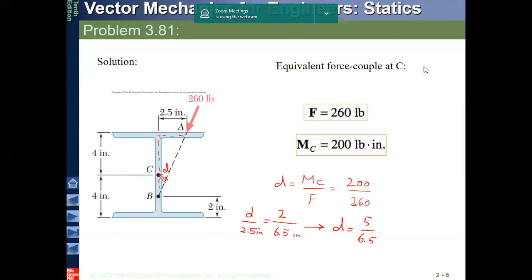But this equivalent force couple system is not going to be there. Any questions?